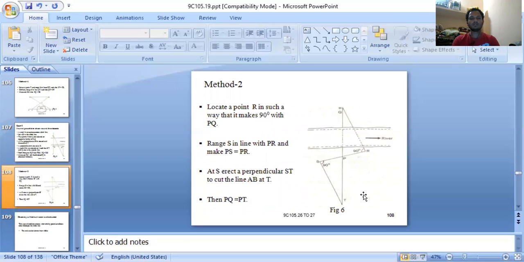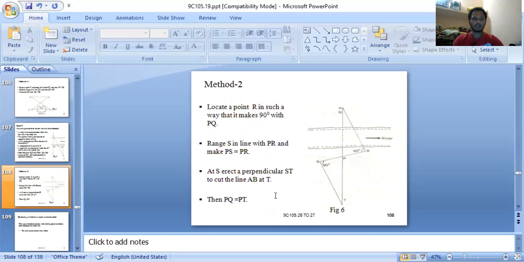So here, this is another method. In case 2, locate a point R in such a way that it makes 90 degrees with PQ. Range S in a line with PR and make PS equal to PR. Let us erect a perpendicular ST to cut the line AB at T. Therefore, here we have created another 2 triangles which are similar triangles.